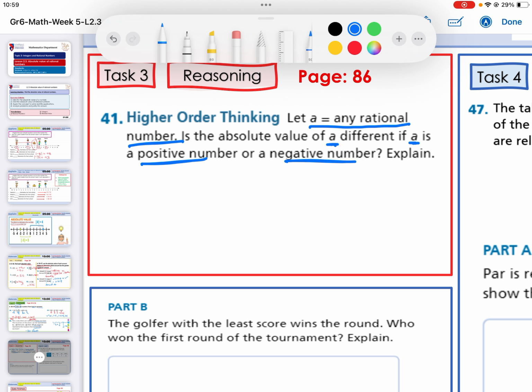Well, we can certainly say that the absolute value of A is always, sorry guys, I made a mistake, is always positive. Whether the number was positive or negative, the absolute value is always positive, regardless of the sign of the number.